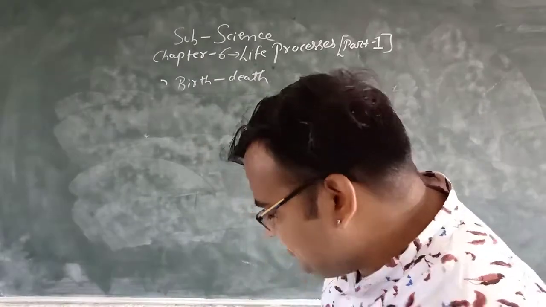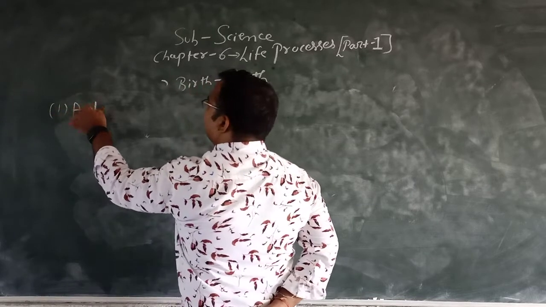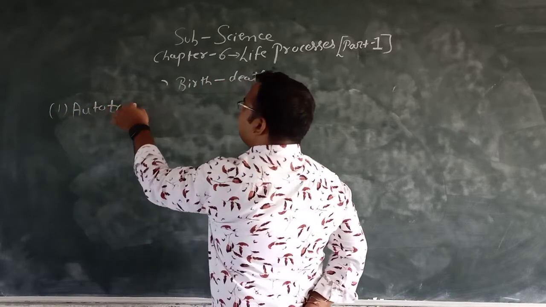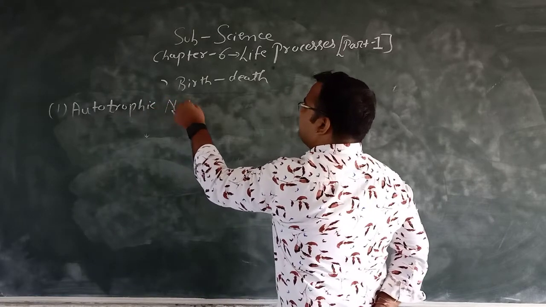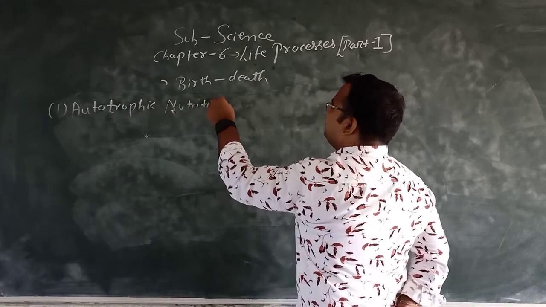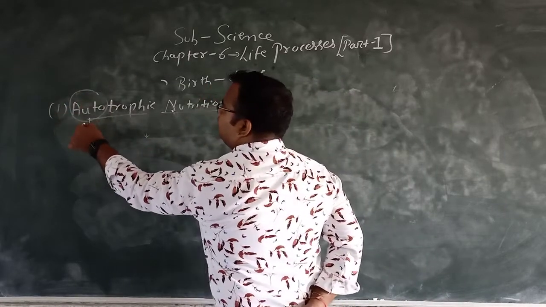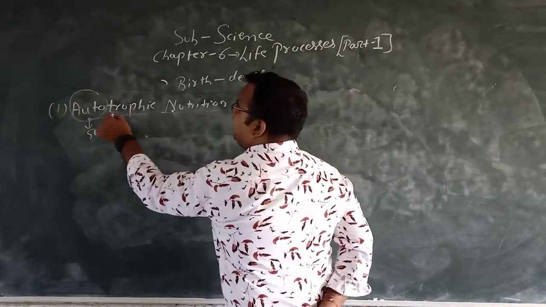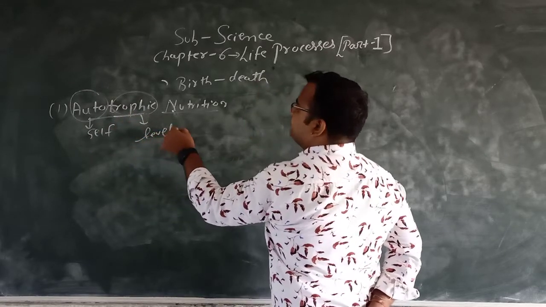The first type of nutrition is autotrophic nutrition.